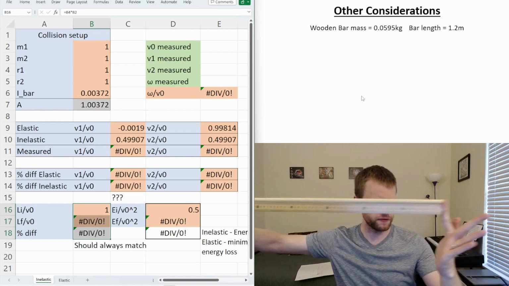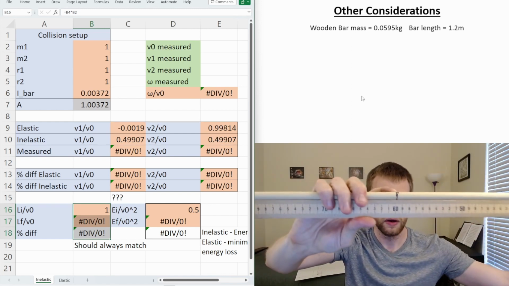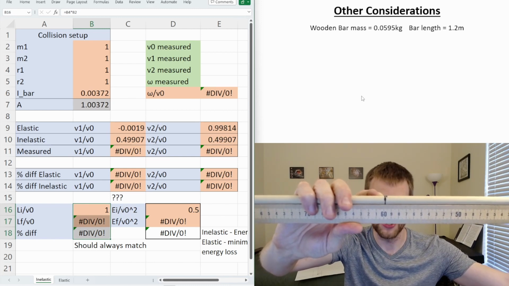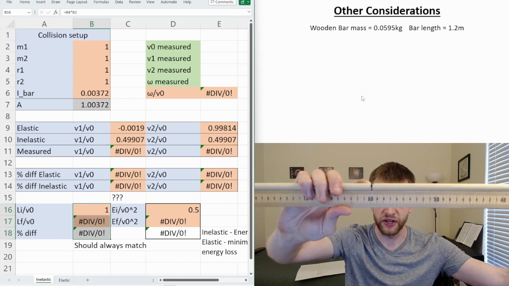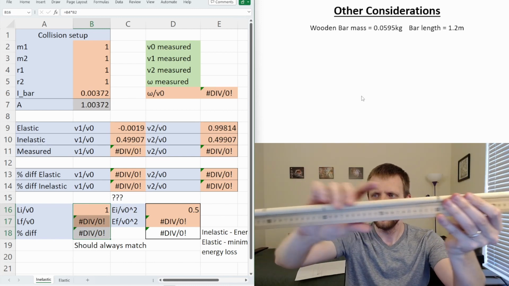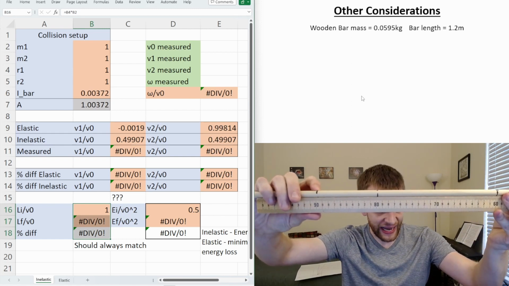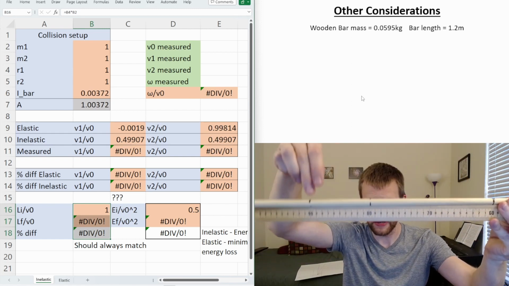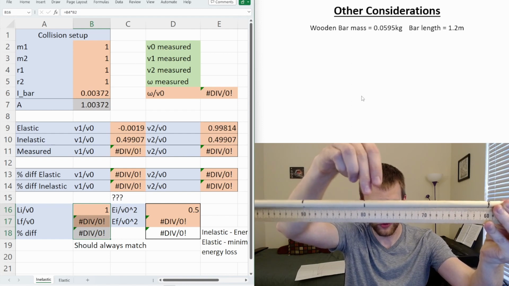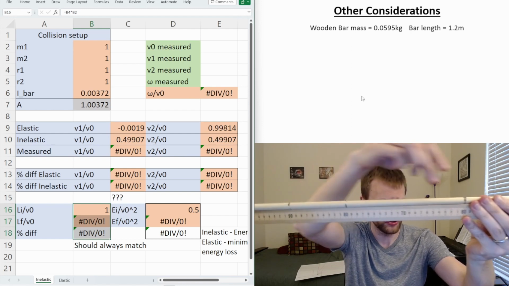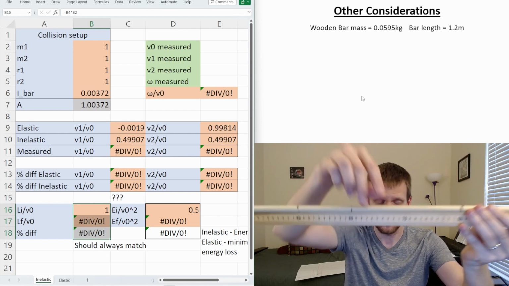If I go from here to there, that midpoint of the bar is 60 centimeters. The whole thing is 120 centimeters. This distance adds another 30 centimeters, so this would be my half distance location. This would be my 1/3 distance location, so this is at 20 centimeters.